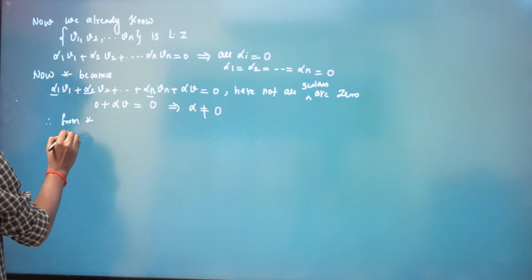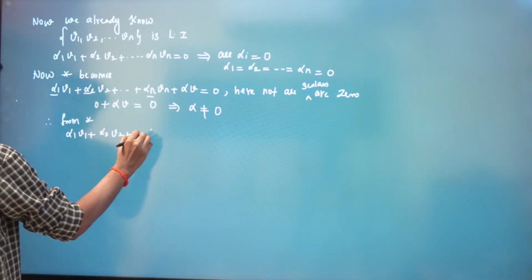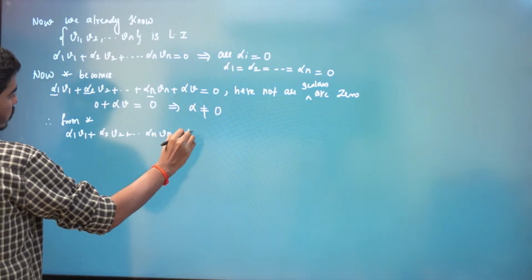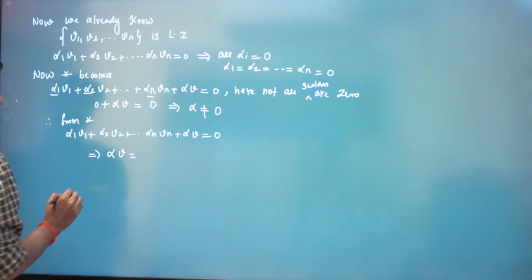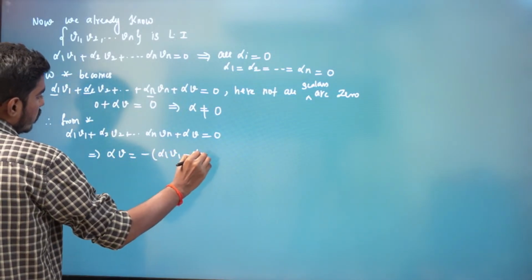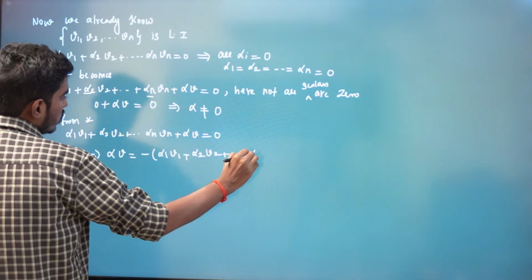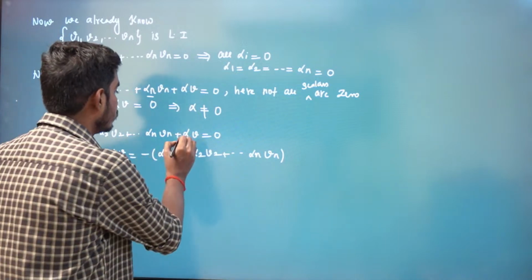we have alpha 1 v1, alpha 2 v2 and so on up to alpha n vn plus alpha v is equal to 0. This implies alpha v is equal to minus of alpha 1 v1, alpha 2 v2 and so on up to alpha n vn, because this alpha is a non-zero scalar.